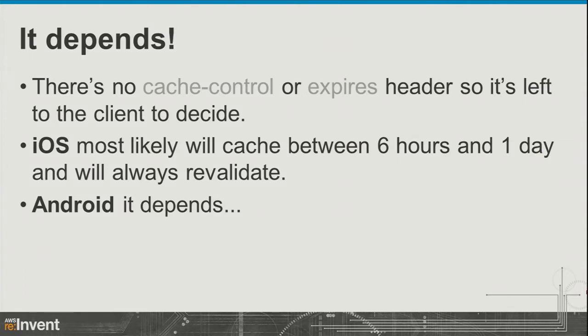On iOS, if you're lucky, depending on which version you're running, you can expect at most a cache time of a day, most likely 6 hours or not at all. And on Android, it really depends on which API you're using to make your request. If you're using a standard HTTP request or a cached HTTP request, you'll get different results.